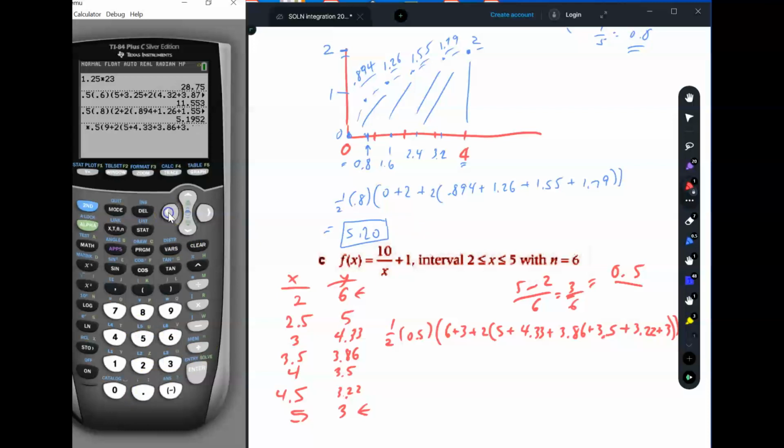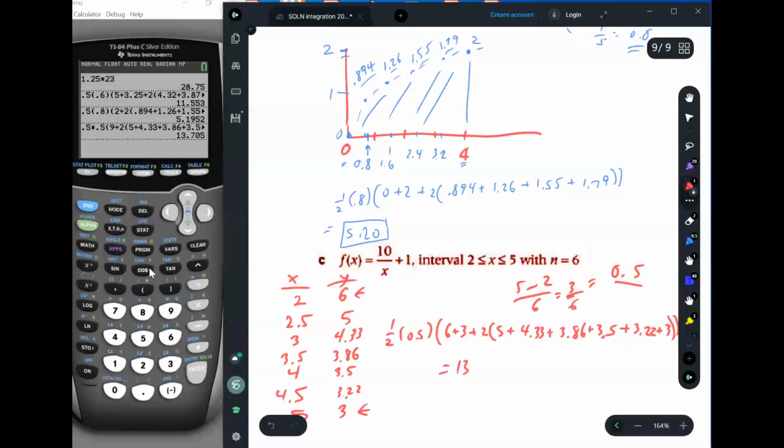Oops, the 5 didn't come out. 3.22, and finally 3. Close parentheses twice, hit enter. 13.705. Which is rounded to 13.7.